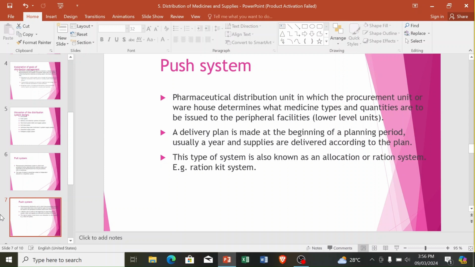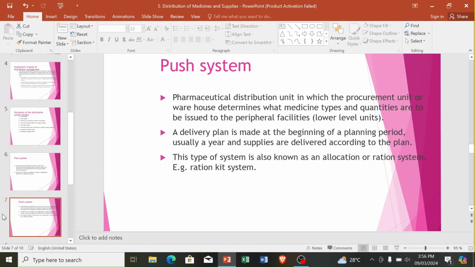We have what you call the push, a pharmaceutical distribution system in which the procurement unit or the warehouse determines what medicines and types and quantities are to be issued to the peripheral facilities. So here, the choice is made by the store. They know, or they are the ones to determine how much of this are we sending to the facility, or how much are we sending to that unit or department.